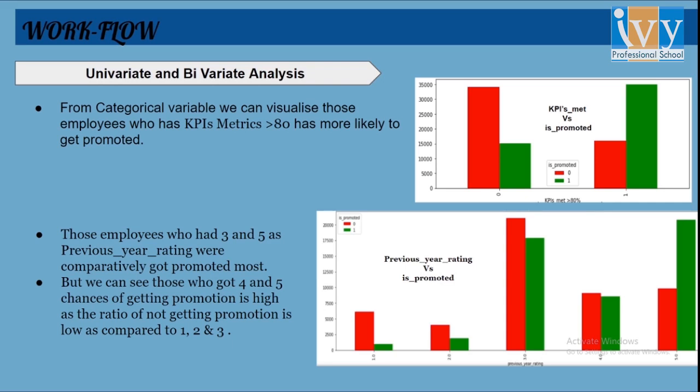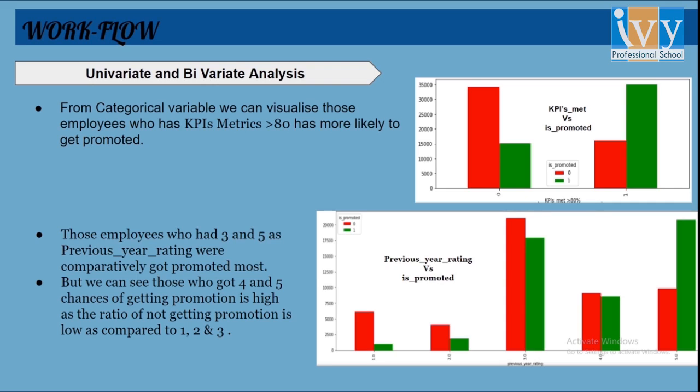The second one is previous year rating versus promotion. By looking at the plot, you can see that employees who had 3 and 5 as previous year rating got promoted the most. You can see the green bars, from employees who got promoted, had the highest numbers at 3 and 5.